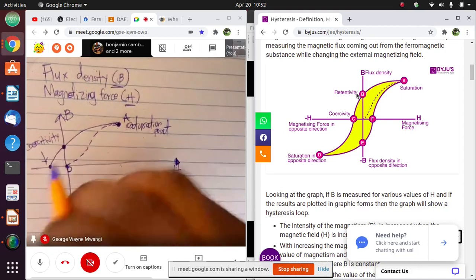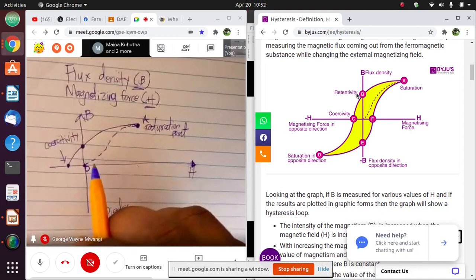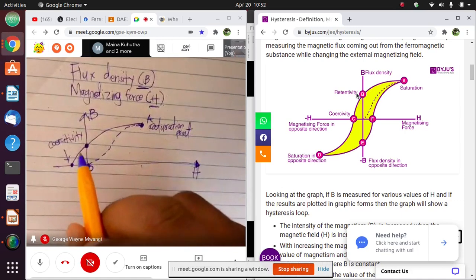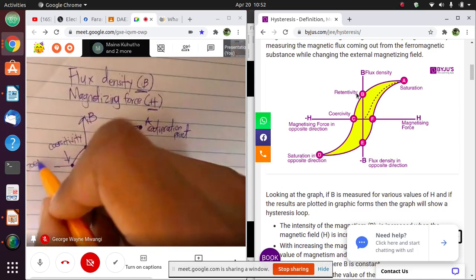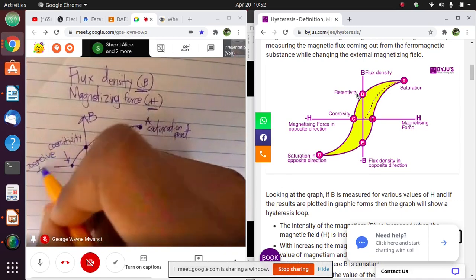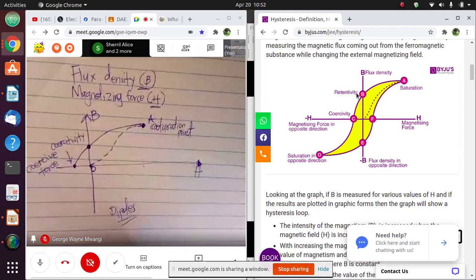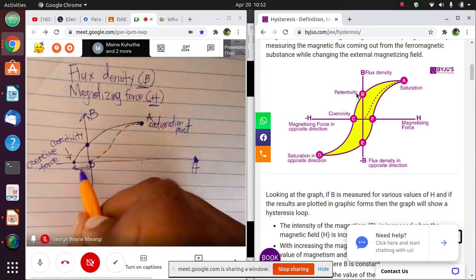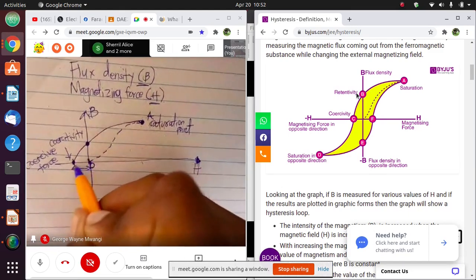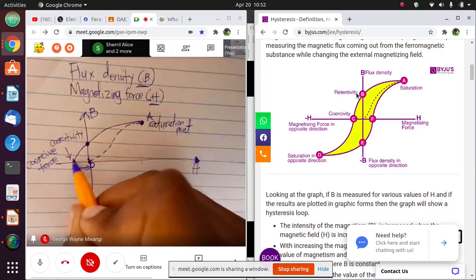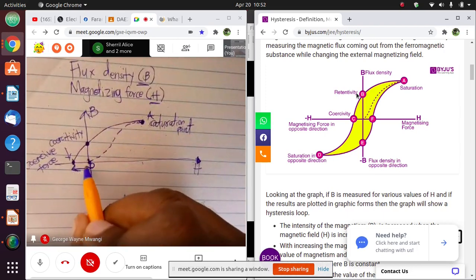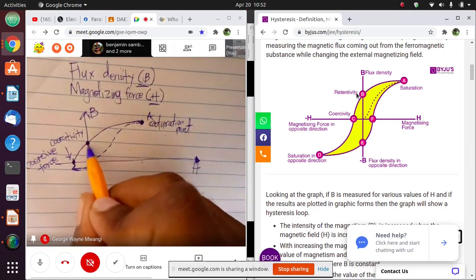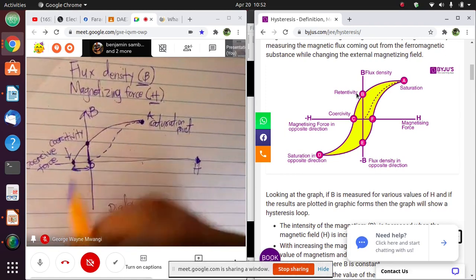And that force that is needed to reduce the magnetism of a magnetic material to zero is known as coercive force. And this is this magnetizing force here. From this point to this point is what is known as coercive force. It is a force that is required to reduce the magnetism of a material to zero.